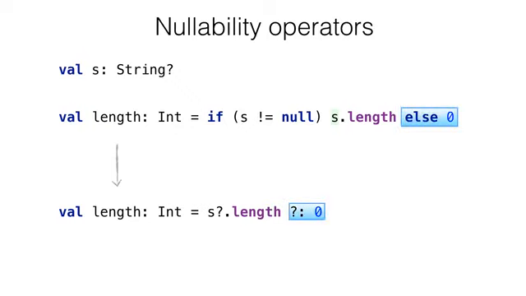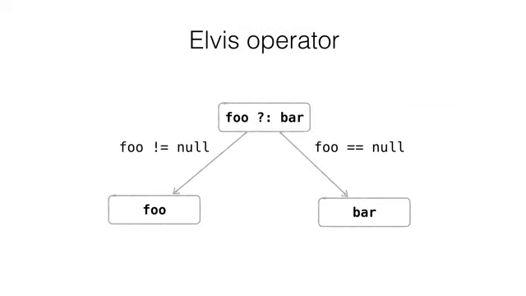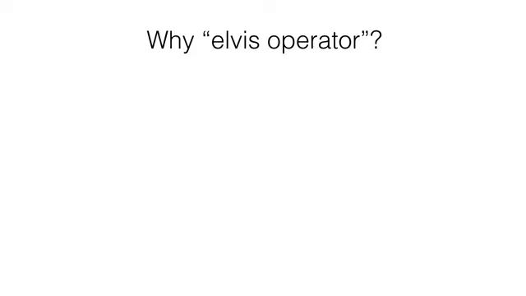When using safe access, you can use the so-called Elvis operator and provide the default value that would be used if the left expression is null. So with this Elvis operator, there is this scheme. It's either the left expression if it's not null, or the right expression if the left expression is null. Why is it called like this?